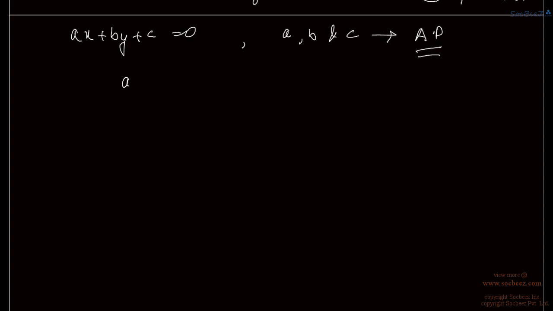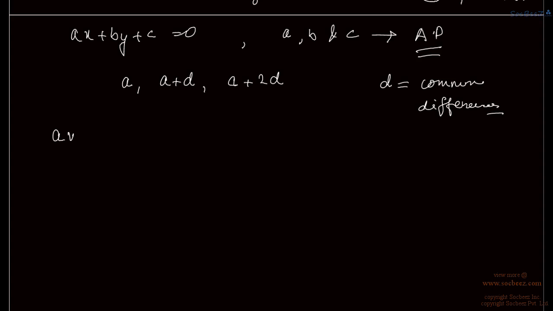So let us write b as a plus some common difference d and c as a plus 2d, where d is the common difference in the arithmetic progression.